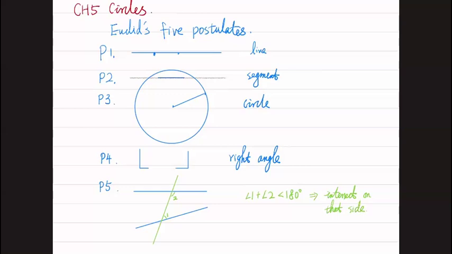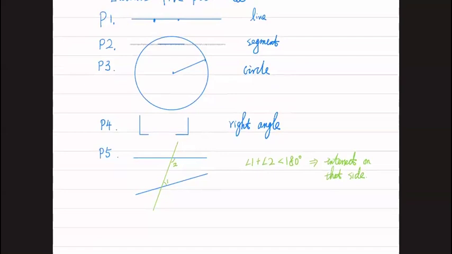It means if we extend the line, they will intersect on this side. And this is also called the parallel postulate.